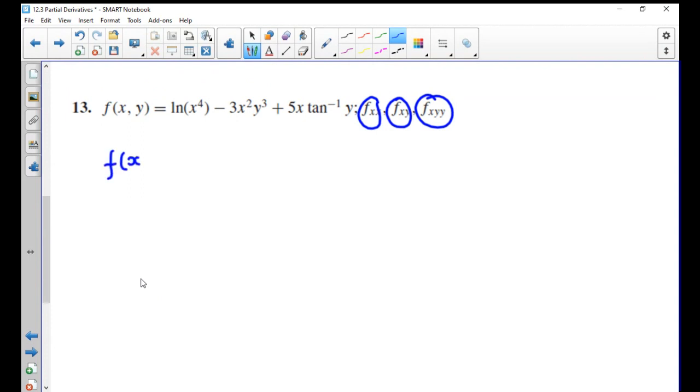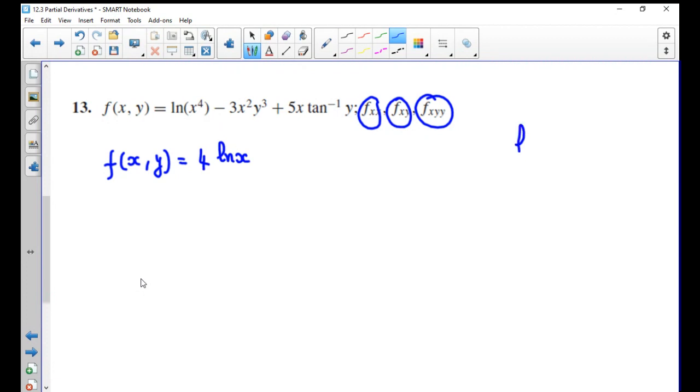First, before starting differentiating, we can simplify this function a little bit. How can we change this function? Can you see ln of x to the power of 4? I can change this into, what can I do with the 4? Take it out, yes? So this function is probably easier if I write it as 4 times ln x.